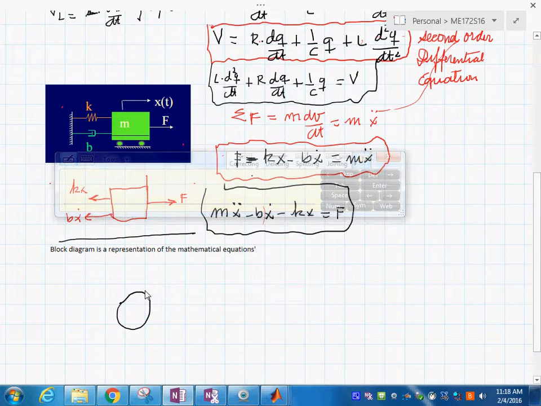And in this case, you will say it's better to have all this derivative, like this one, L d squared q dt squared.